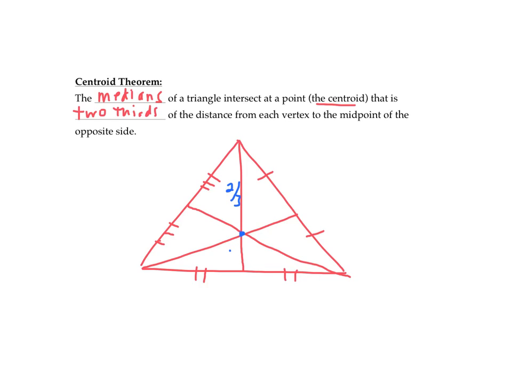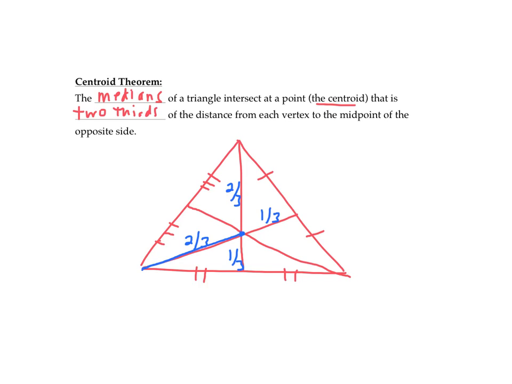In other words, each of these medians gets divided into two parts, a longer part and a shorter part. The part from the vertex to the centroid is going to be longer, and that's always 2/3 of the entire length of the segment. The part from the centroid to that opposite side will be 1/3.